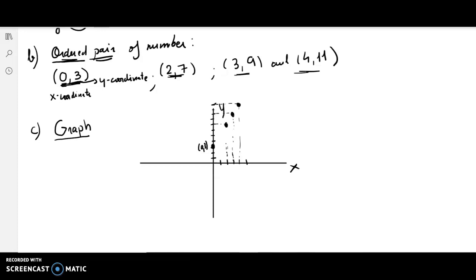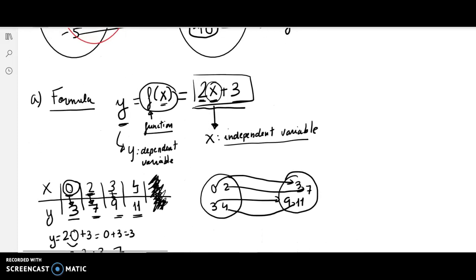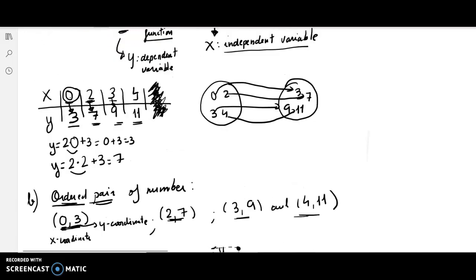Well, these points, can I join these points through a line? Well, if in the formula, we go back to the formula, can I put here decimal numbers? What do you think? Well, yes, if I put a decimal number in the x, I'm going to get another number. So I can put decimal numbers in the x.